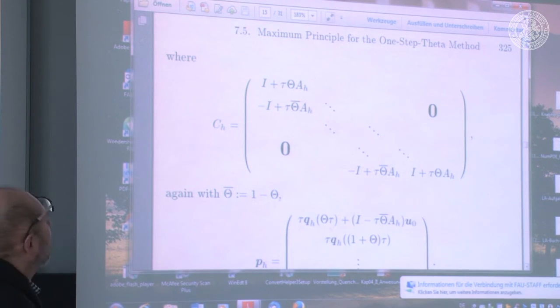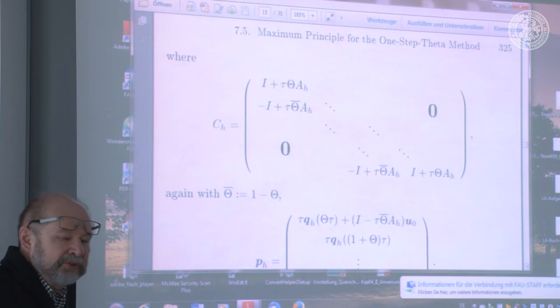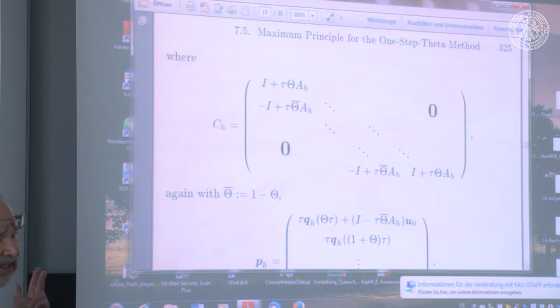The next thing, this was the condition 1. The condition 2 is that the off-diagonal elements are all non-positive. So we look at these blocks here, and you see if we are off the diagonal, the 1 is gone here. The sign of the entry is just determined by the sign of the A matrix, because there's only a positive factor in front of that.